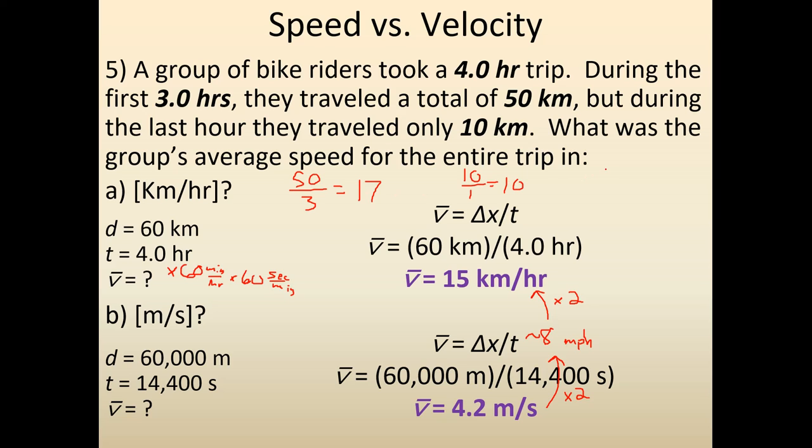Then they would take this and use the version where it's initial plus final divided by 2. Do 17 plus 10 over 2. And they would have ended up getting 13.5. Now you may notice that is fairly close to the answer, but it's not the same.